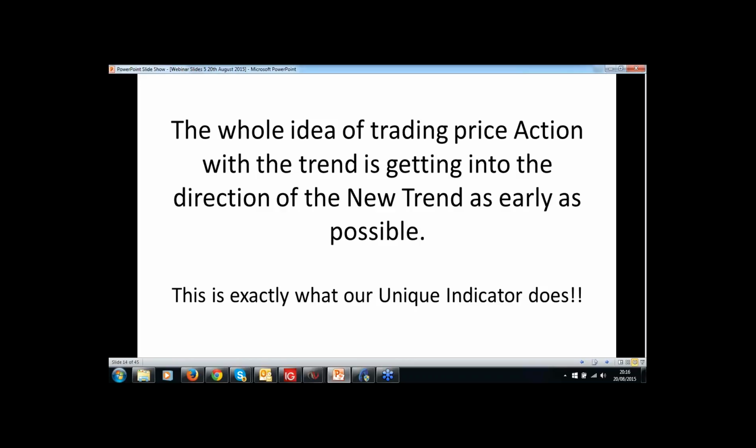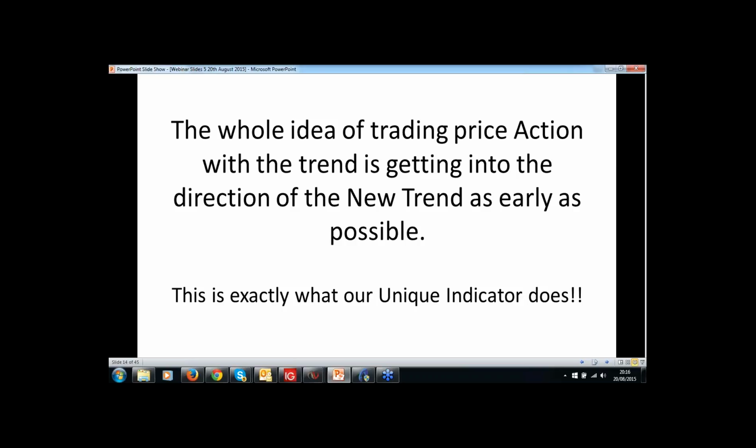What it does is it gets us into that new trend as early as possible, based on the price action that the market within that particular time frame is telling the indicator. What the indicator does is evaluate the sum total of the buying and selling pressures within that market.